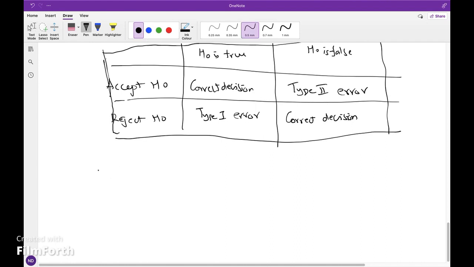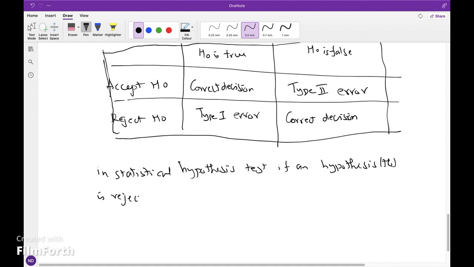In a statistical hypothesis test, if a hypothesis H0 is rejected when it is true, it is called type 1 error.